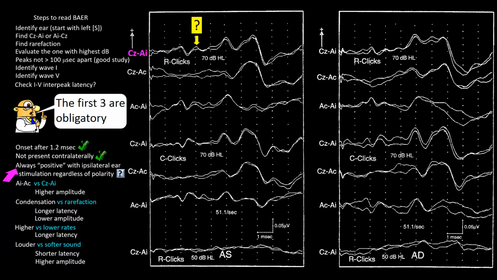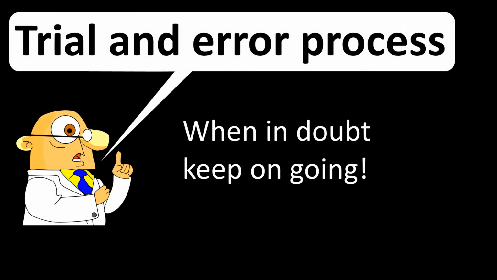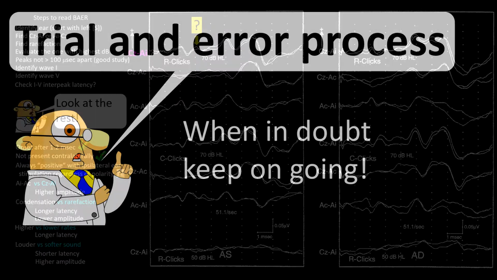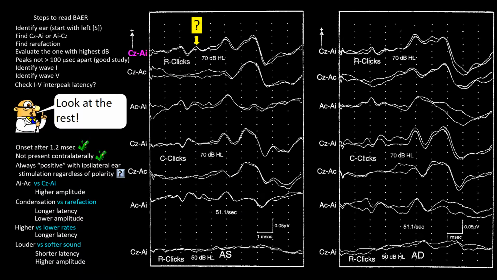I have done this to indicate that we are uncertain regarding the polarity of the wave, but that it does not contradict the criterion as in the case of the prior positive wave. So, when in doubt, the best thing to do is to keep going down the list. So we continue looking at the other items.